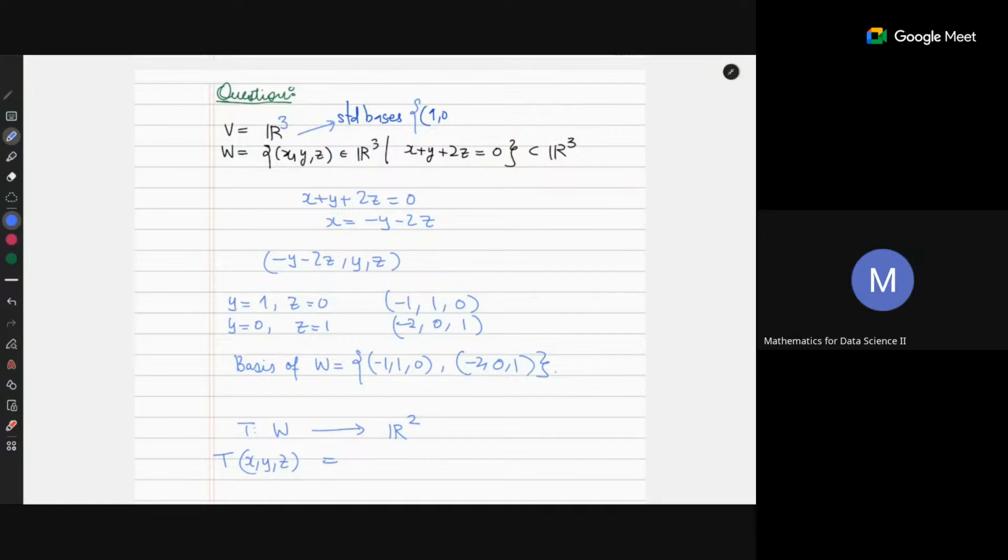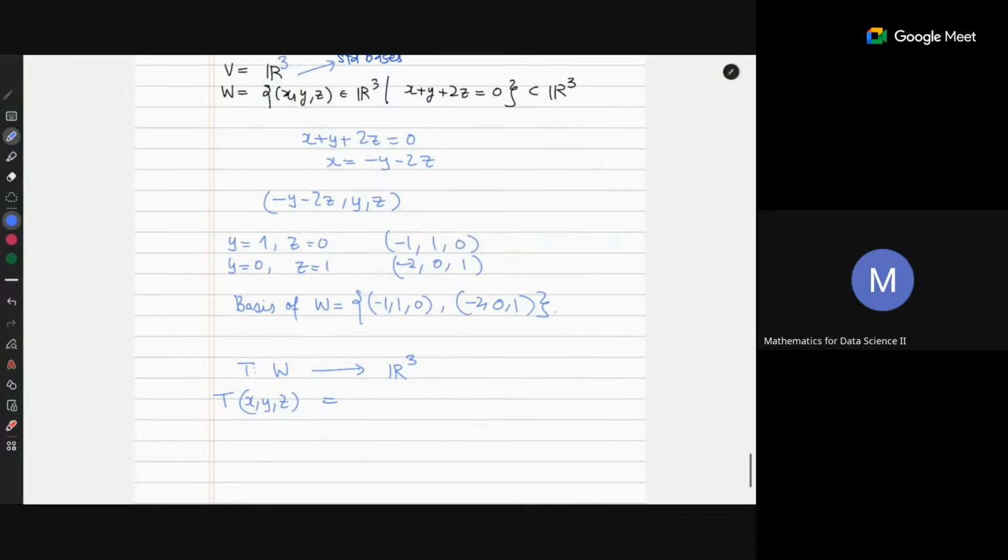Then we have the standard basis. Now this goes to x, y, z as it is. This is my map T from W to R3 defined as this. Now we need to find the kernel of this map.